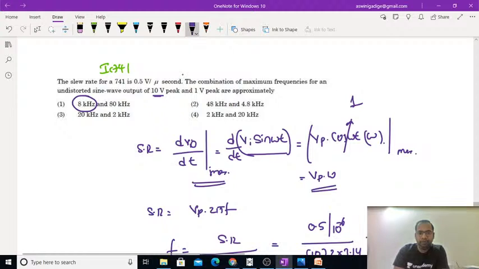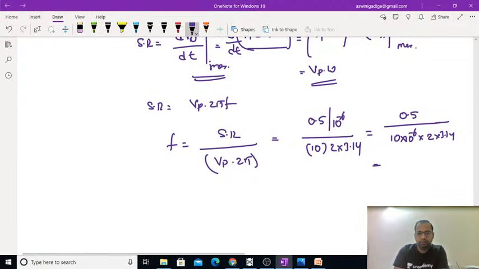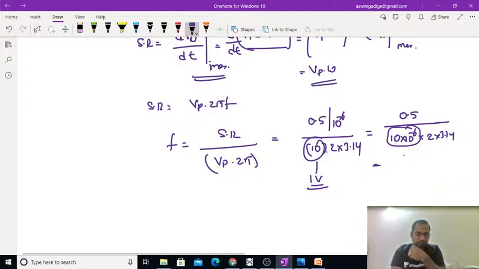Next, similarly find out for the 1 volt peak voltage also. For 1 volt peak voltage, instead of 10 take 1 volt. Now calculate, guys, and what will be the answer?